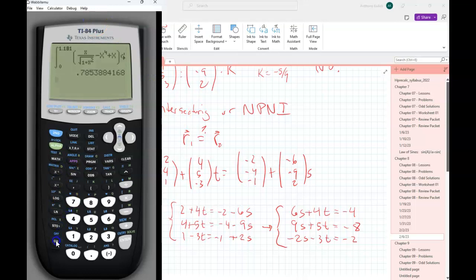What do you notice, though, that's kind of weird about that system? How many variables do I have? 2. How many equations do I have? 3. Is that a problem? Okay.